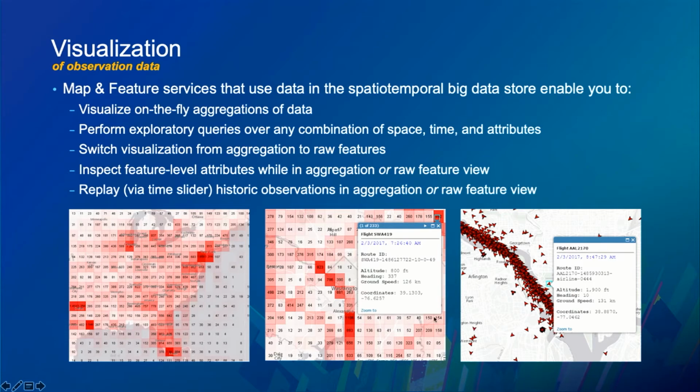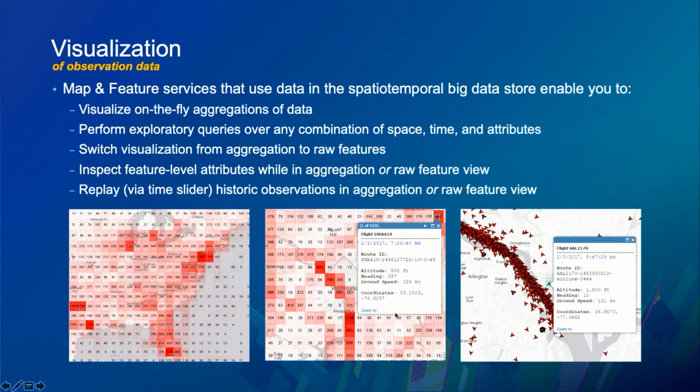Also, in either the aggregation view or the raw feature view, as the middle and right screenshots show, you can access the underlying data. Once you click on the map, it will return the features within the tolerance of that mouse click. If multiple features are returned, you can use the button to navigate and inspect each individual feature.